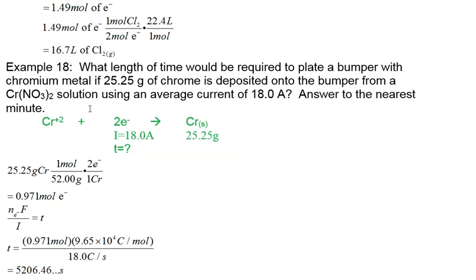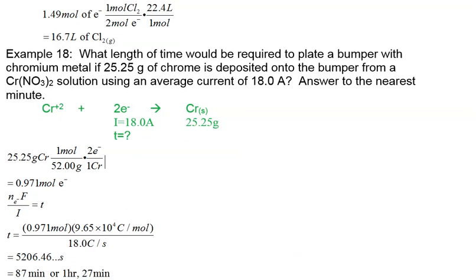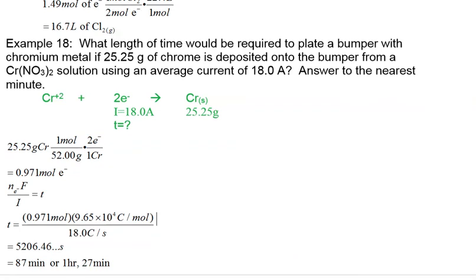So we want to convert that back into minutes. Divide by 60 will give us minutes, which is 87 minutes. The question says answer to the nearest minute. So either one of these two ways of expressing 87 minutes would be answering to the nearest minute. 87 minutes or 1 hour and 27 minutes means the same thing.